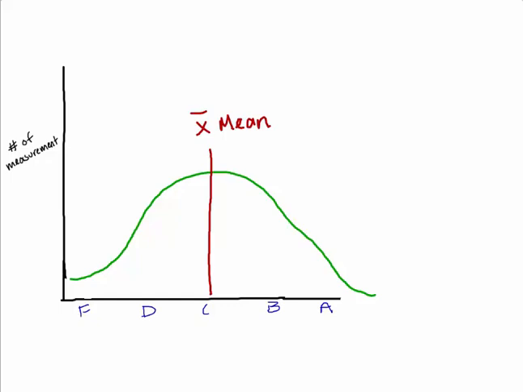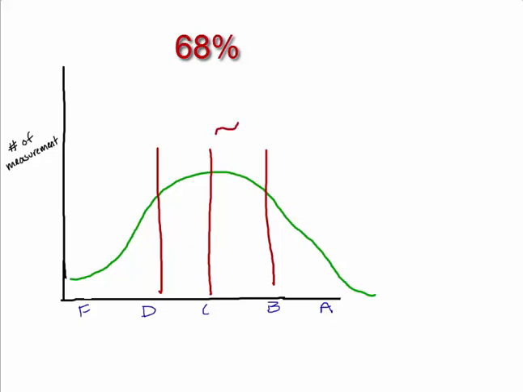And then we would expect to find about 68% would fall within what we call one standard deviation from the mean. So one standard deviation below or one standard deviation above the mean.